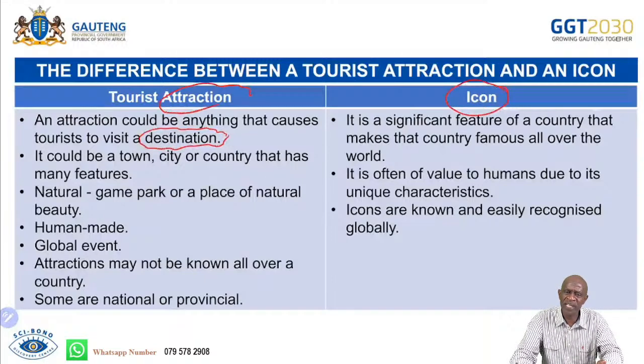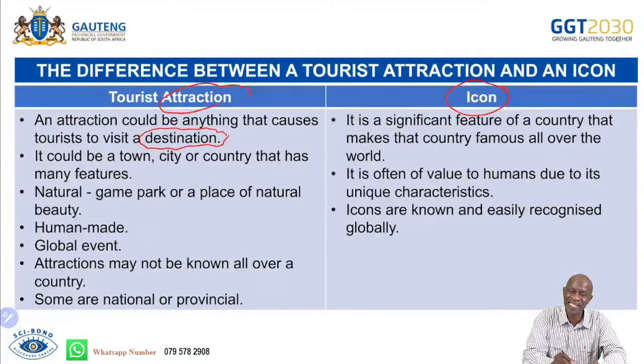Say maybe you want to undertake a tour from Johannesburg to Cape Town. You'll depart from Johannesburg and your destination will be Cape Town. So that is your end point. That is where your trip ends. That's where your tour ends.